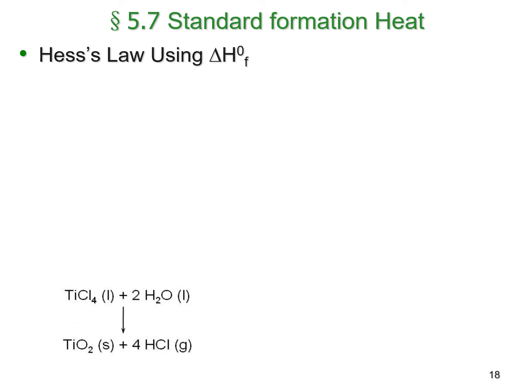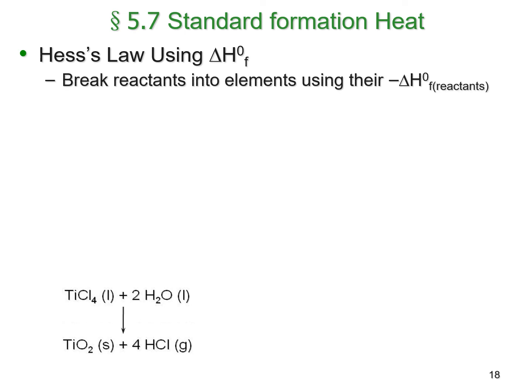So what is the approach if we have this reaction as an example? First step, we break every reactant into the elements using their negative delta H0F. How does it work? We start off with TiCl4. We're going to split the TiCl4 into the elements. Remember, it cannot be Cl. It must be Cl2 because Cl2 is a lot more stable than atomic chlorine.